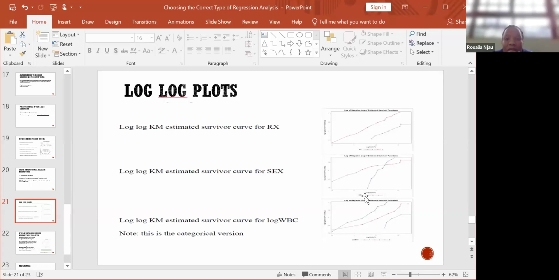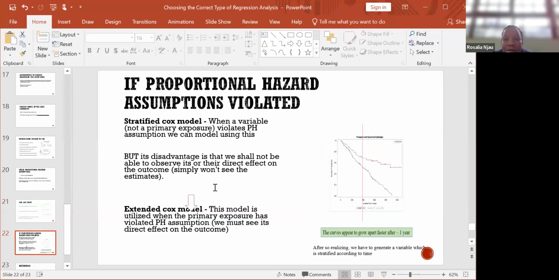So what happens if the assumption is violated? We can first use a stratified Cox, but a stratified Cox means using the variable that has violated the proportional hazards assumption and stratifying by that variable to get the estimates.